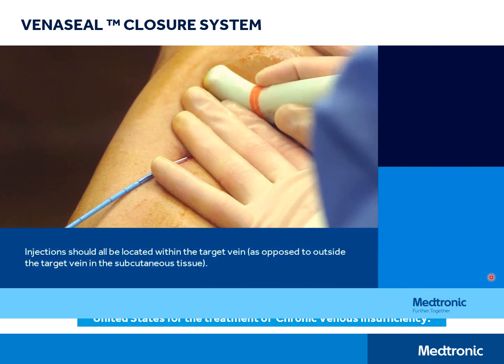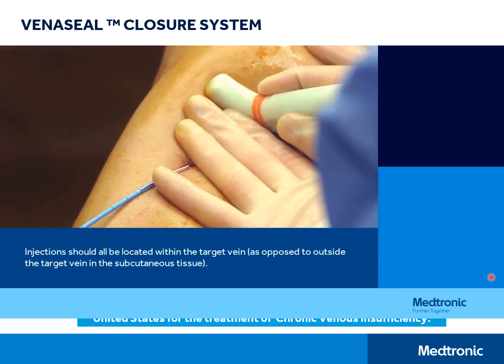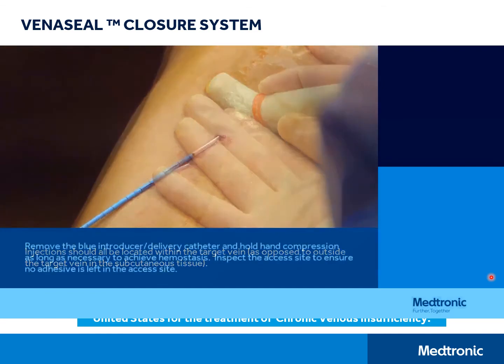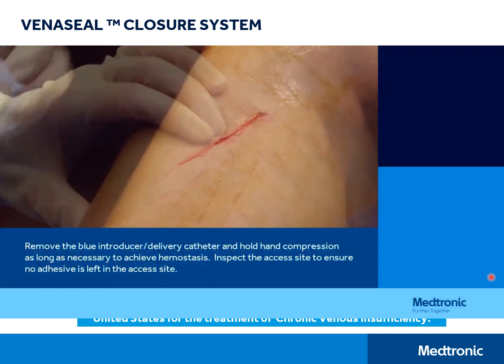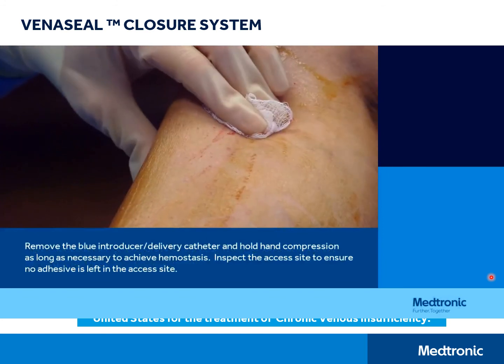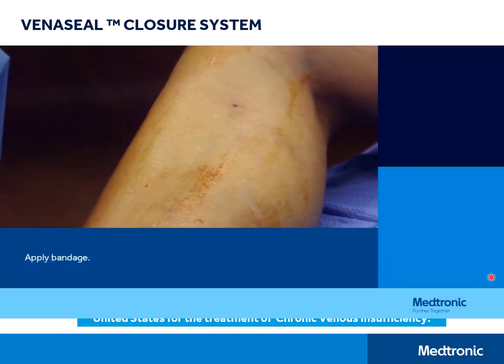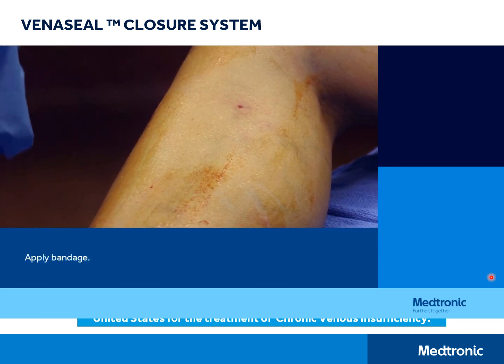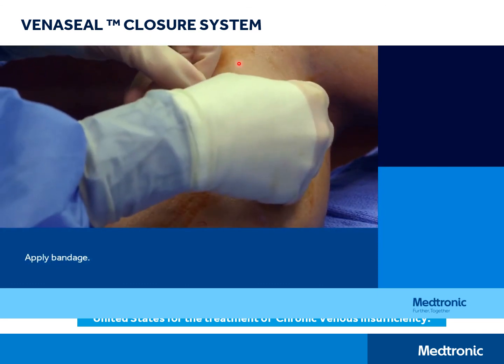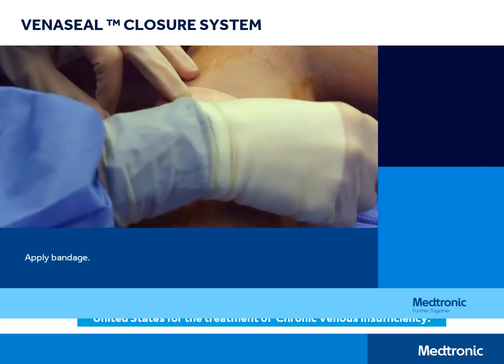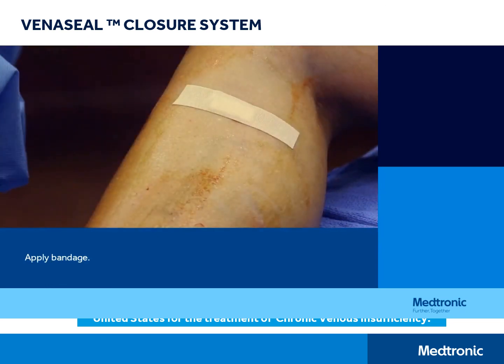There is no cut, no suture, and when you withdraw the catheter, a very small puncture area is seen, and once you clean this puncture area and apply a small tape, that's it, the procedure is over.